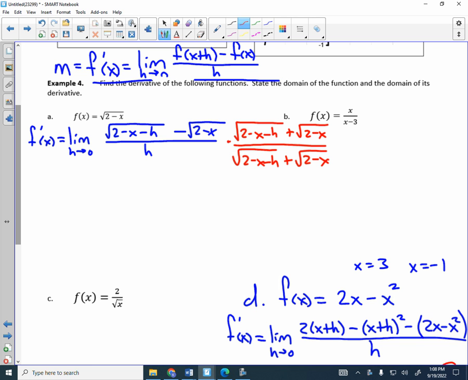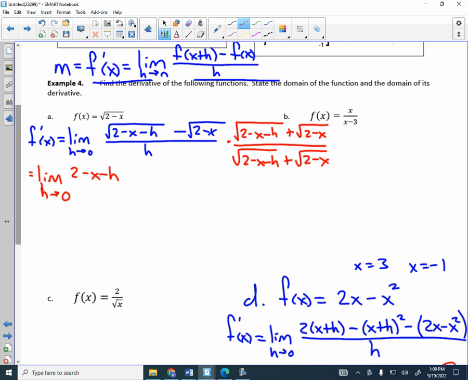Looks kind of bad, doesn't it? Yeah, it does. I'm going to tell you that the top ends out working out really nice. The bottom is not quite as pretty, okay? And so we have the limit as h goes to 0 of, what are you going to get here? Good. Middle's going to cancel.